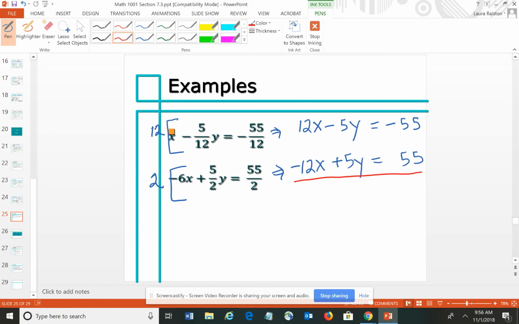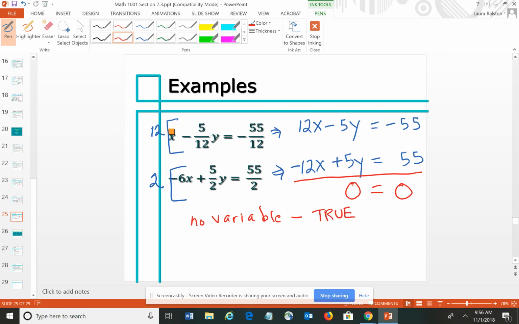I have 12x minus 5y equals negative 55, and negative 12x plus 5y equals 55. 12 plus negative 12 is 0, minus 5 plus 5 is 0, so I end up with nothing on the left. Negative 55 plus 55 is 0. Notice that there's no variable left, and this is a true statement.